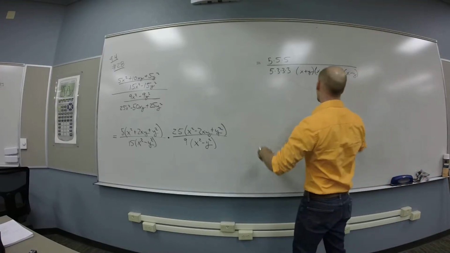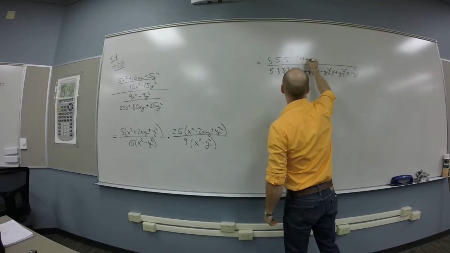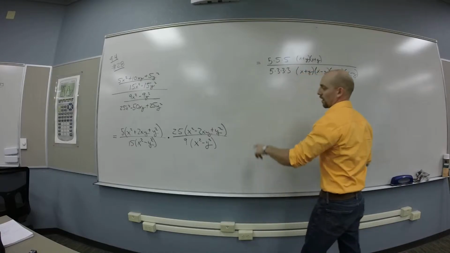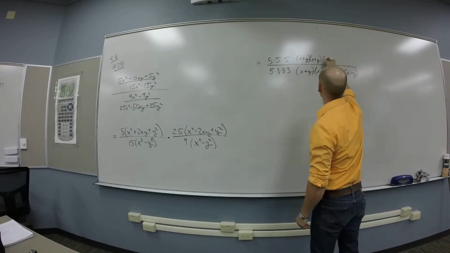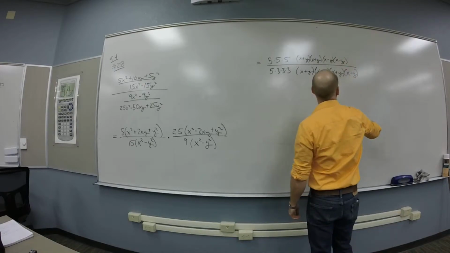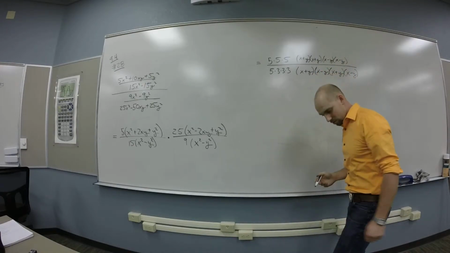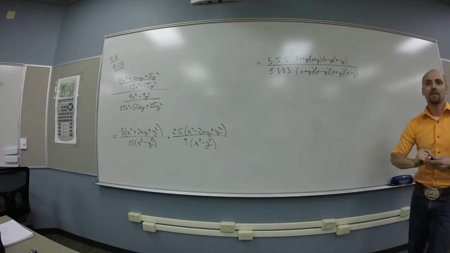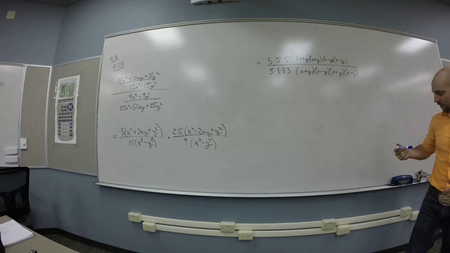So the one on the left is x plus y times x plus y. What's the one on the right? X minus y, x minus y. That's an x minus y and x minus y. Okay, so now I can circle some onesies, right?